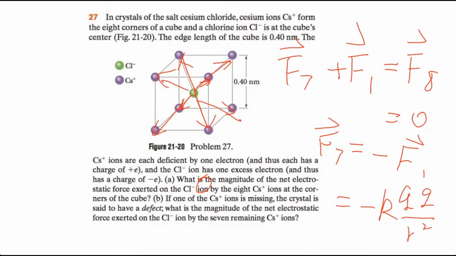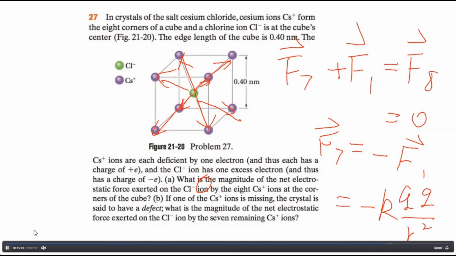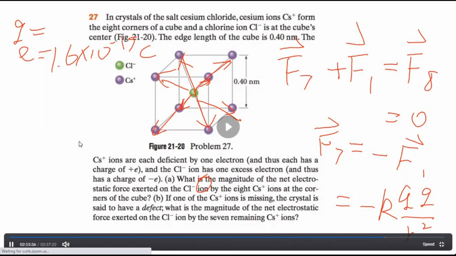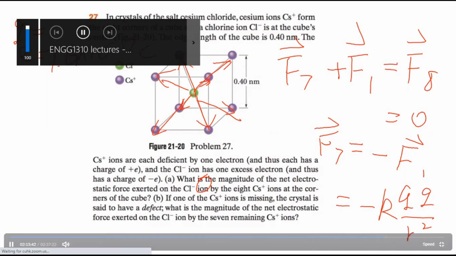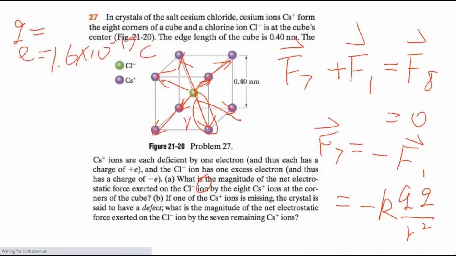Here the q is the electron charge. K is a constant, and r is the distance between the positive and negative ions. For this r, you can estimate it from the side length.